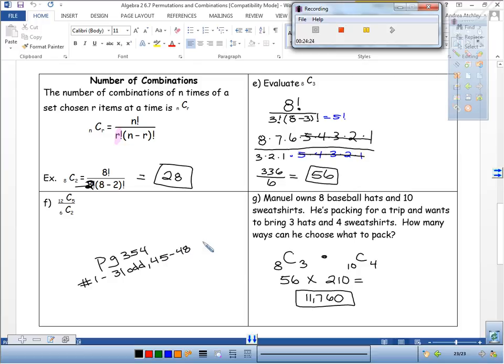I'll sit down so everyone can see. All. 73 and 74.